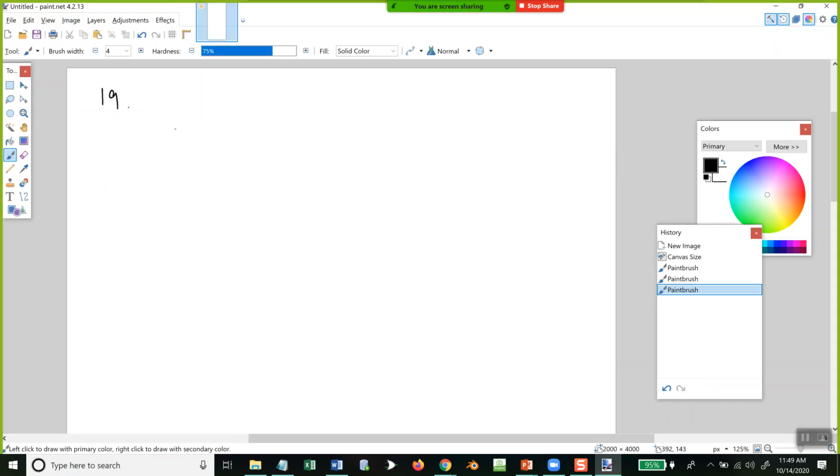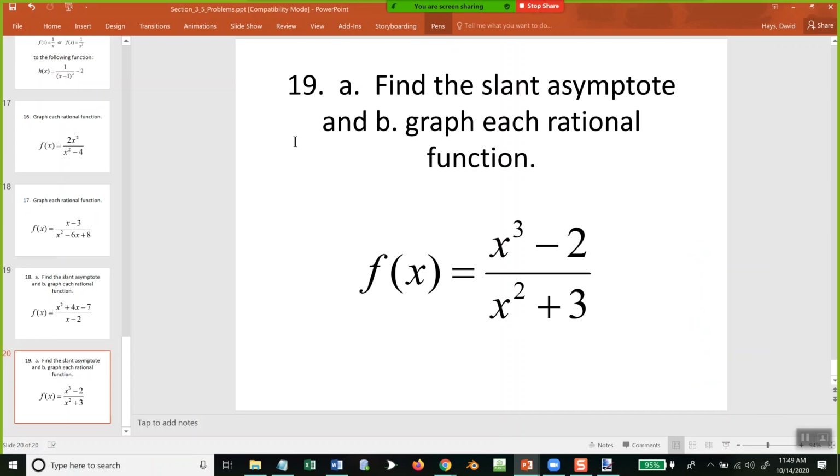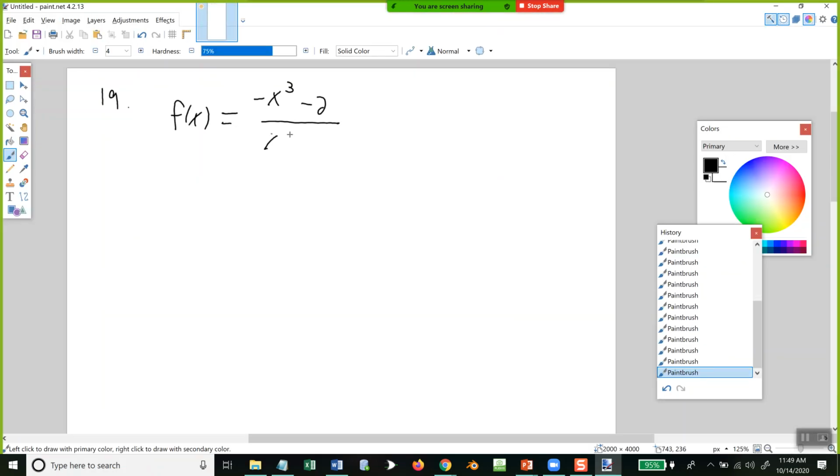If I had f of x equal to negative x to the third minus 2 over x squared plus 3. It's positive so often that you think it's always positive because nobody ever designs a problem where they put a negative there. They could. I mean, there's nothing wrong with having a negative there.